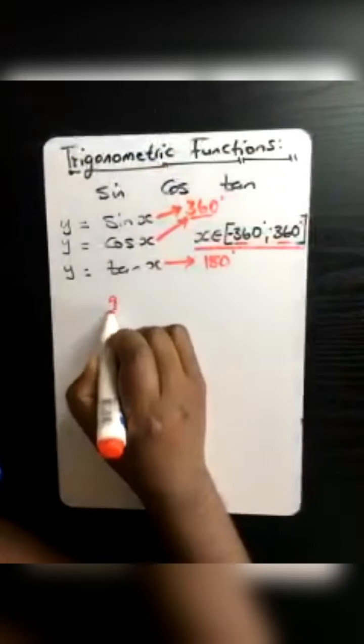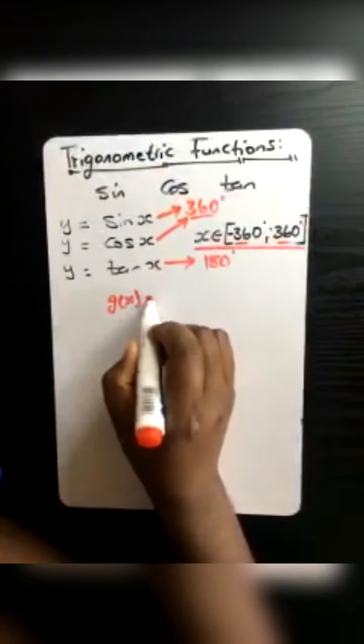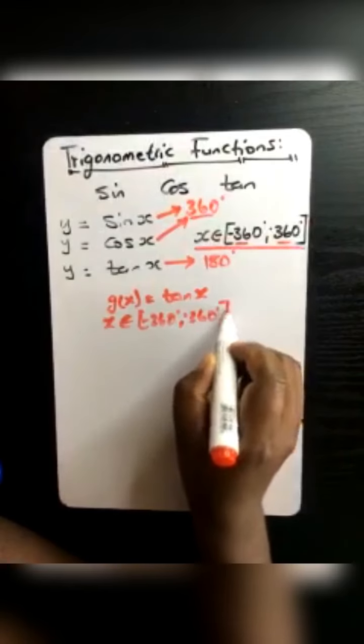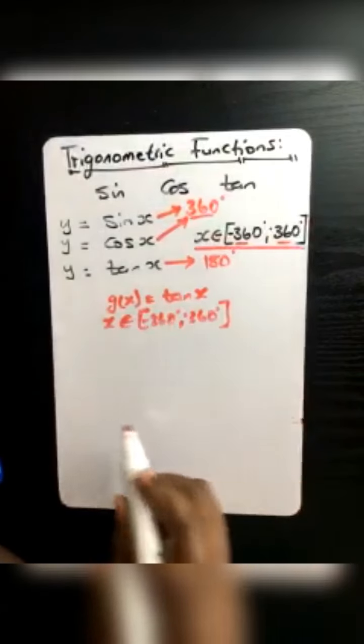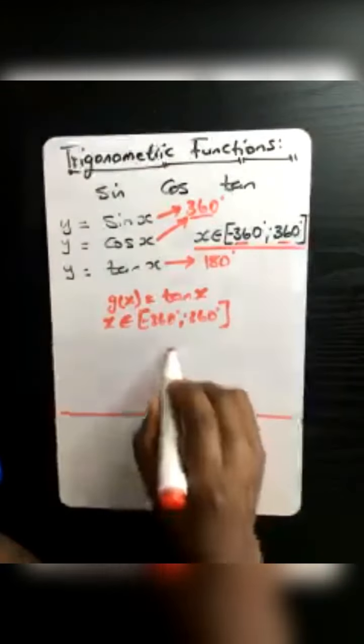So it could be g of x equals a tan x, where x is an element of negative 360 degrees and positive 360 degrees. So you still do the same.